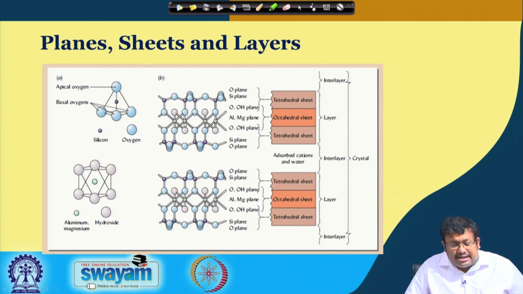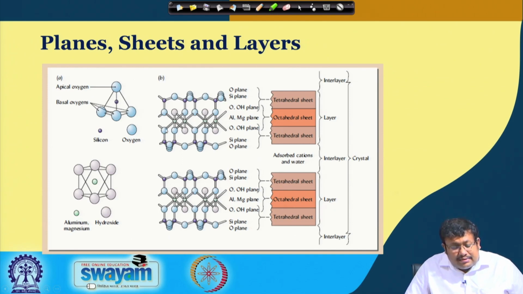This octahedral sheet is composed of an aluminum and magnesium plane in the middle, and in the shared layer it will be either oxygen or hydroxyl. As you can see, hydroxyl and oxygen will be shared between the tetrahedral sheet and the octahedral sheet.